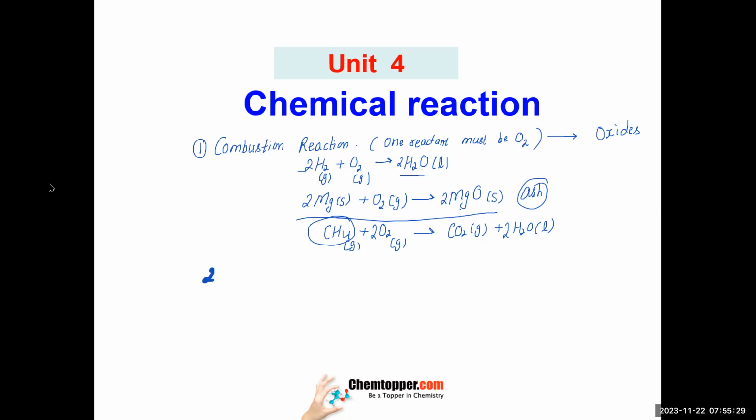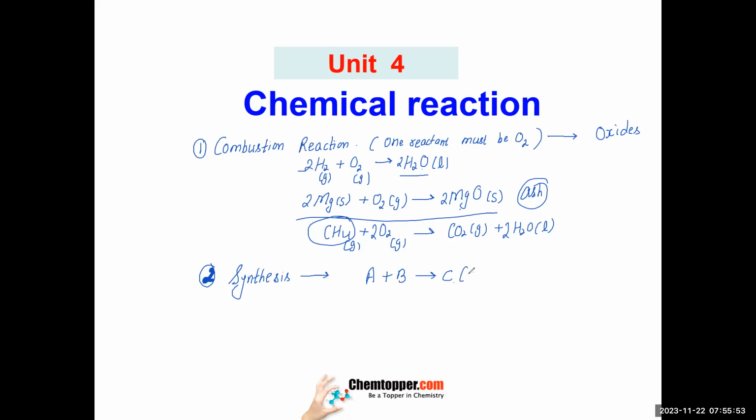synthesis. Next type is synthesis. Synthesis reactions: when A is combining with B, giving you C. Only one product.